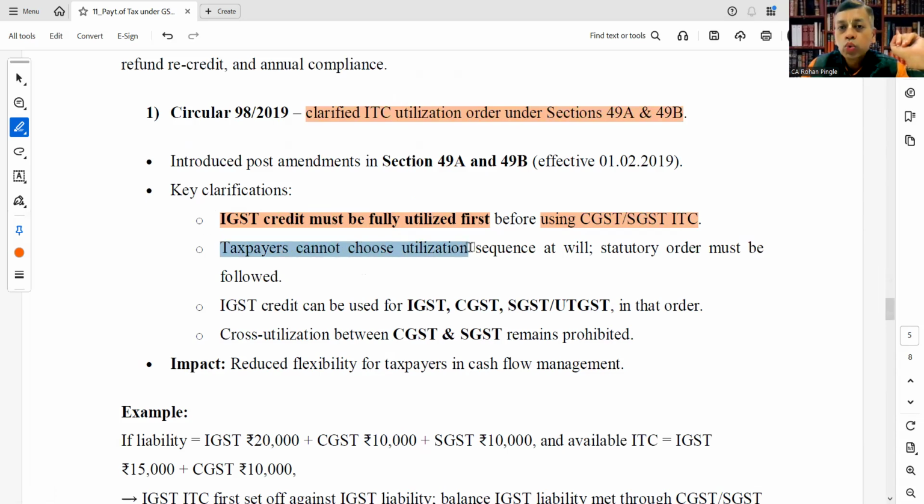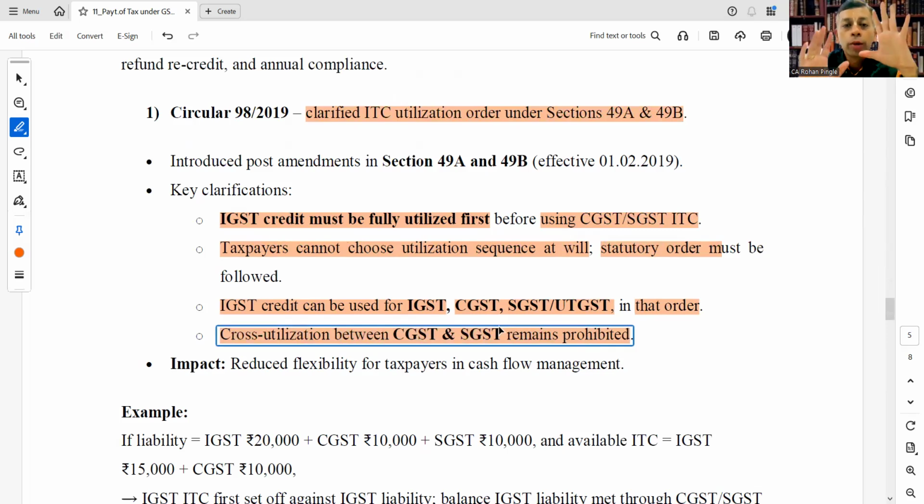Taxpayers cannot choose the utilization sequence at will. The statutory order must be strictly followed. IGST credit can be used for IGST, CGST, SGST, or UTGST in that order, and cross utilization between CGST and SGST remains prohibited.